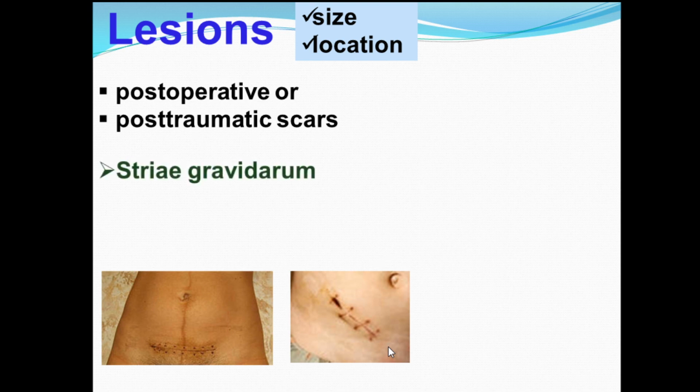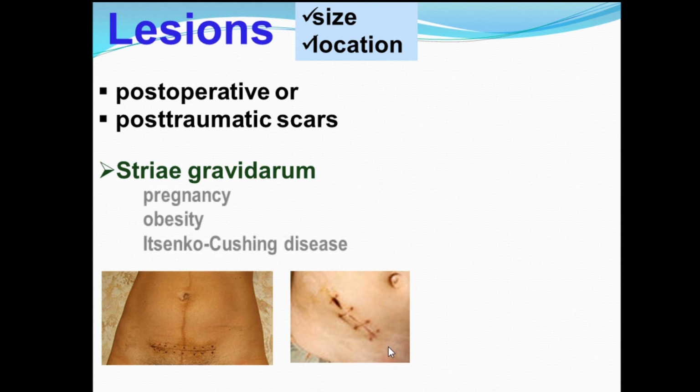But we can see specific lesions, striae gravidarum, which appear without traumatization of the skin. Usually, its cause is weak connective tissue, which is intensively dilated with formation of specific lesions of the skin.